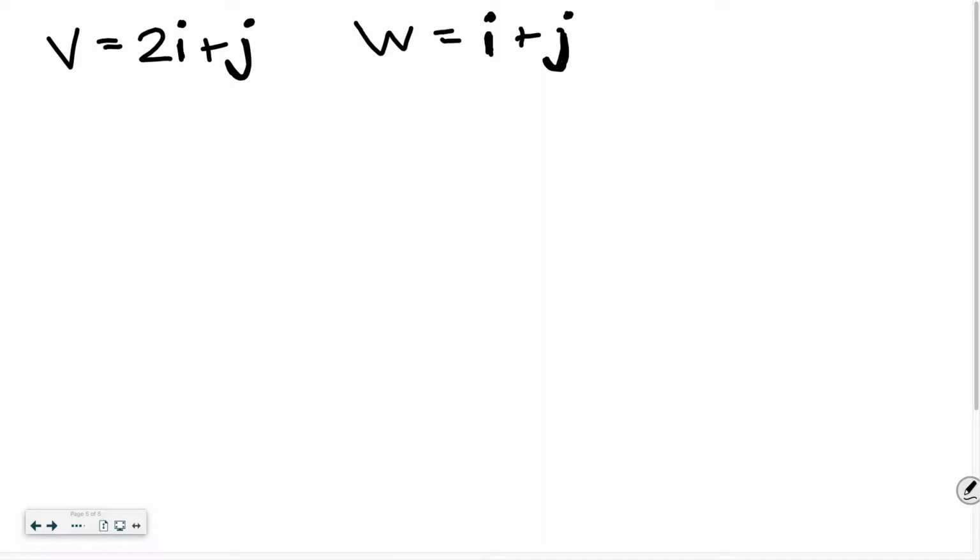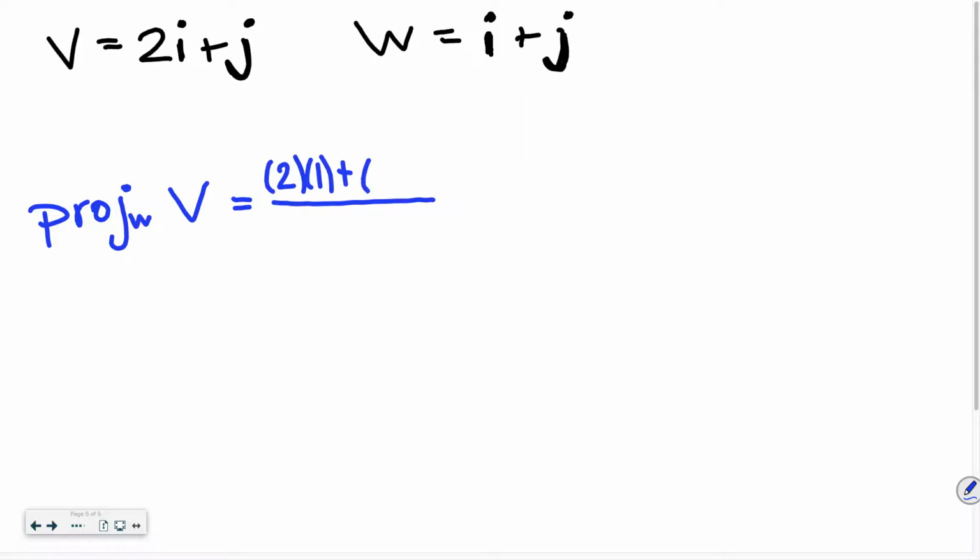Okay. So if we want the projection of V onto W, we need to take the dot product and divide it by the magnitude squared. So help me out. What do you get for the dot product? 3. We have 2 times 1 plus 1 times 1, which is 3.